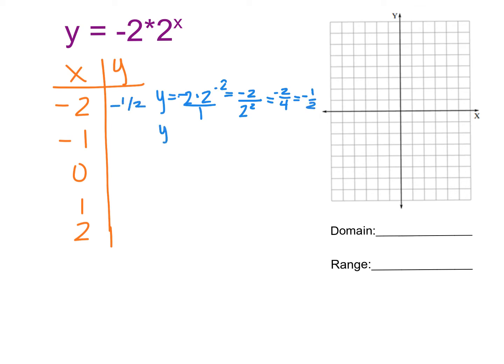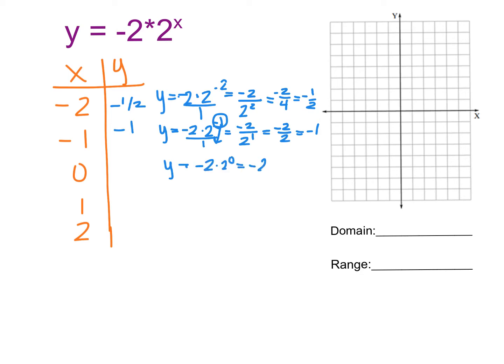We then have y equals -2 times 2 to the power of -1. So that's -2 over 2 to the power of 1, since we'll move that negative exponent into the denominator. So we have -2 over 2, which is -1. Y equals -2 times 2 to the 0th.